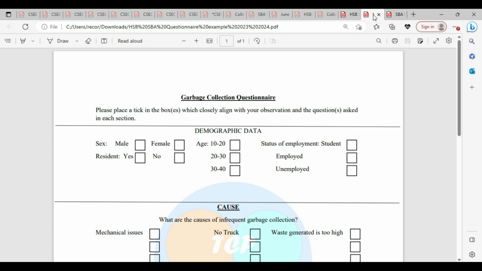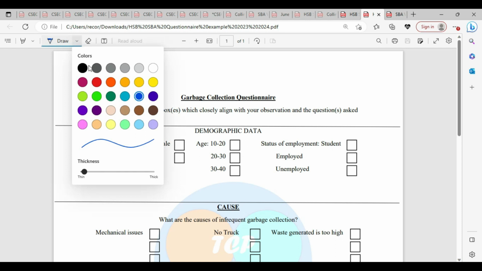So you want to make sure that your questionnaire has a nice title, which is usually descriptive of what you intend to do. It's usually that title that is on the cover page of your SBA. It tells nicely the respondent what it is that you are doing. So that will come at the top here. I'm going to be using my marker just to highlight a couple of things to make things easier for most persons who are still struggling.